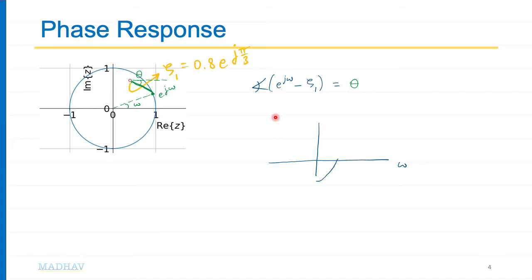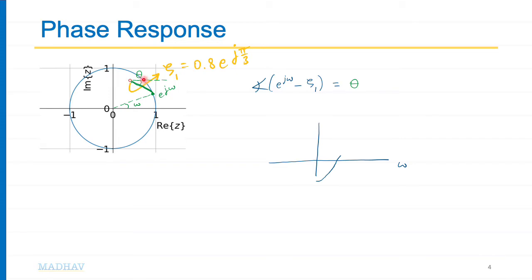Now my angle will be, if it is here, it's a negative angle, right? If I'm at 0, it is a negative angle, and as I'm increasing my omega, theta is decreasing. Here it becomes almost 0, right? What is this point? This is the point when the x component of both of these are the same, right?